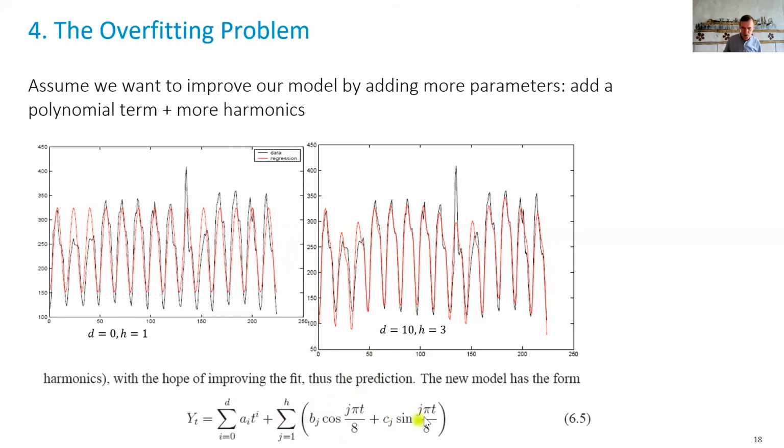So we add more harmonics to the periodic part. Here, H is the number of harmonics, and D is the degree of the polynomial. So this is my basic model we saw a few minutes ago. This is the similar model where I fitted a polynomial of degree 10, so 11 numbers to fit, and 3 harmonics. We see that we have a better fit because we're able to have a periodic curve that fits the average irregularity better here.